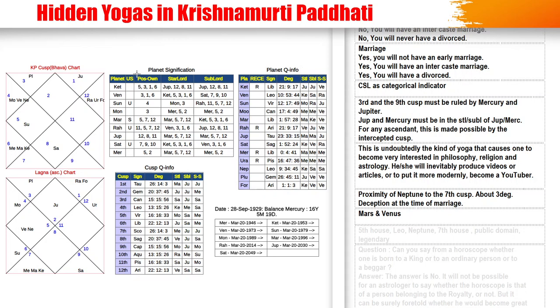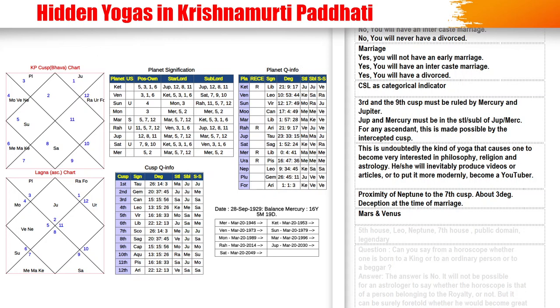But if I say, can you say that this particular person will be interested in some creative field, then you might start looking at this horoscope from close quarters. And obviously, when it comes to creativity, you will start looking at the prominence of the fifth house.